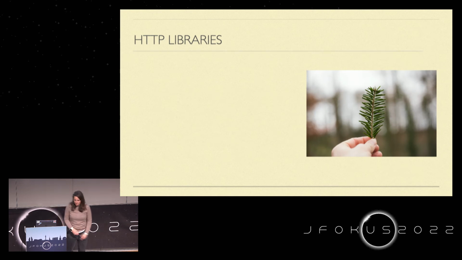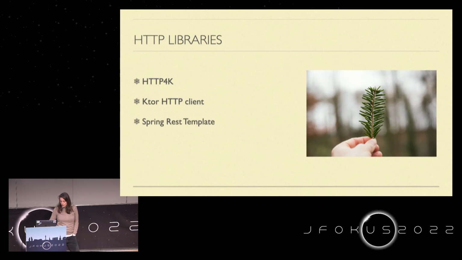HTTP libraries. We're communicating a lot through HTTP. HTTP4K comes back here. HTTP4K can be used as an HTTP client in a Spring application, and will work very fine. There's also the Ktor HTTP client, and of course we have the Spring RestTemplate. So let's have a look at HTTP4K. It's a very lightweight client.